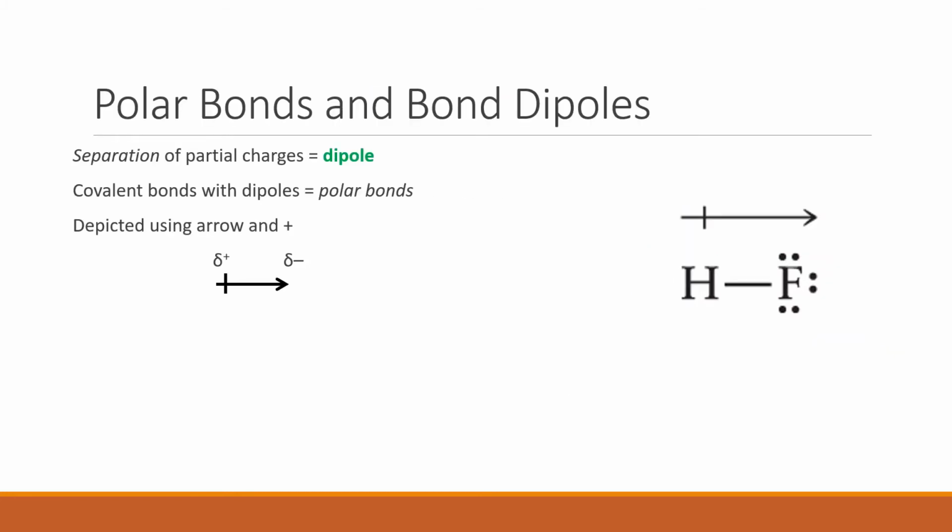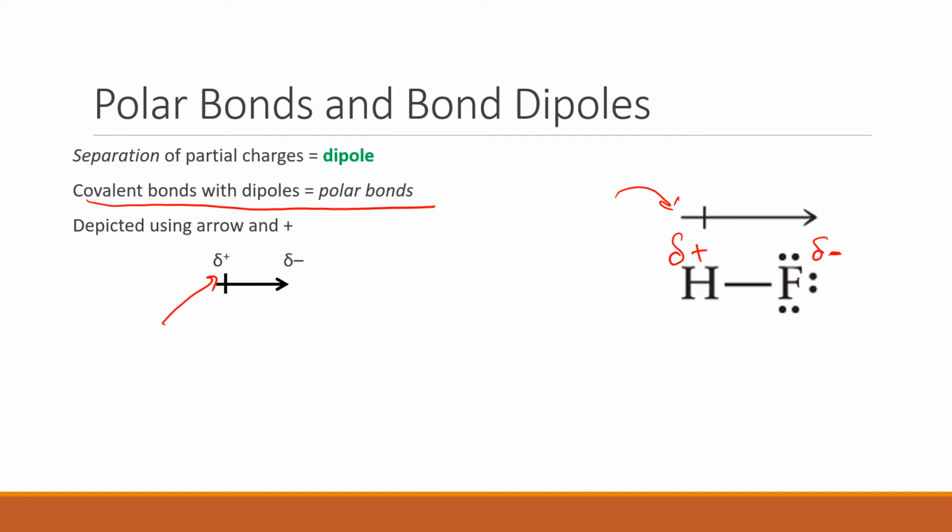Separation of partial charges is known as a dipole. Remember, a dipole is represented by an arrow where the tip of the arrow points towards the negative charge and the base of the arrow points towards the positive charge. A covalent bond with a dipole is known as a polar covalent bond or simply polar bond.